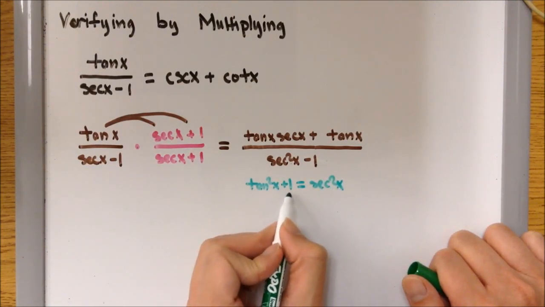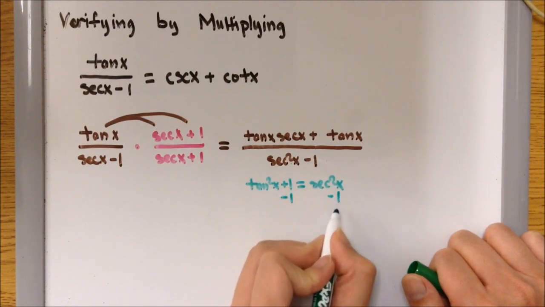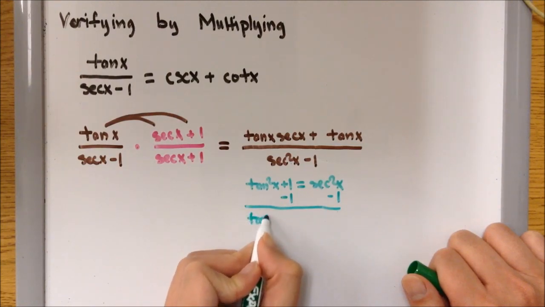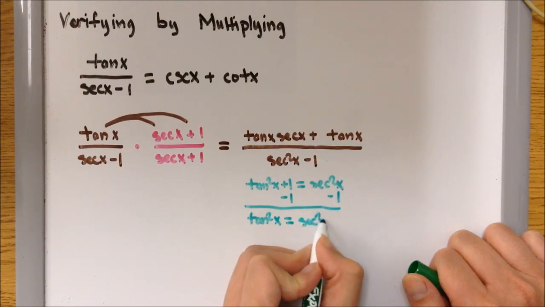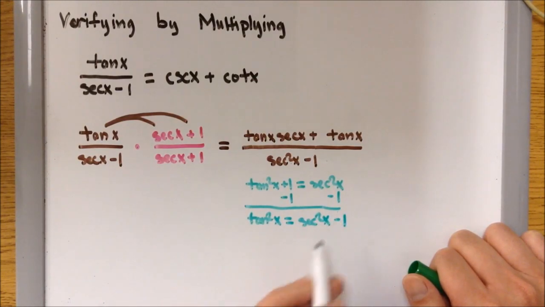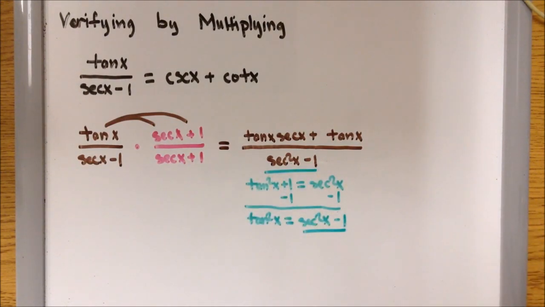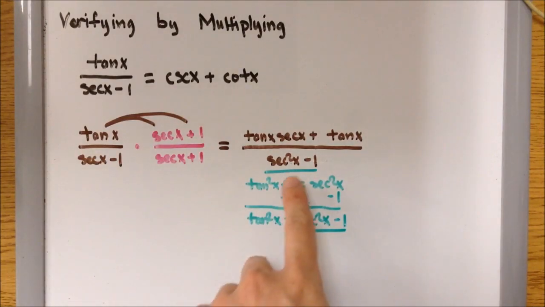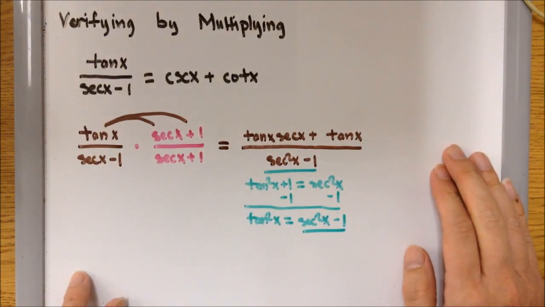Now, if I try to get the 1 with the secant square x, I'm going to subtract 1, where we have tangent square x equals secant square x minus 1, which is the same as this one up here. So as I rewrite the work, instead of secant square x minus 1, it will be tangent square x on the bottom.